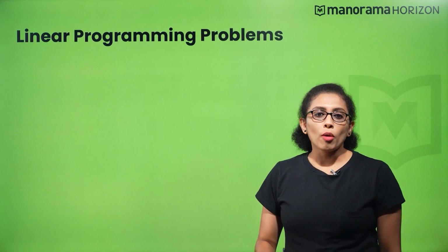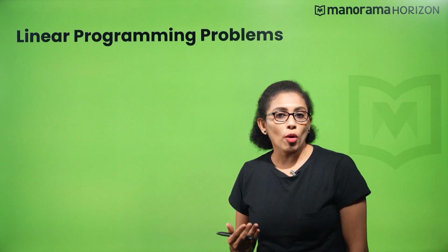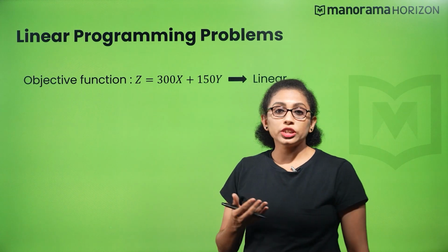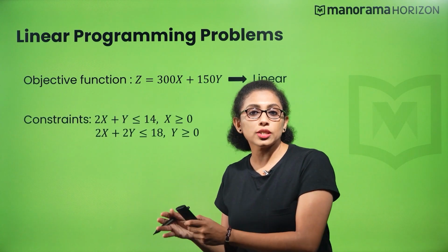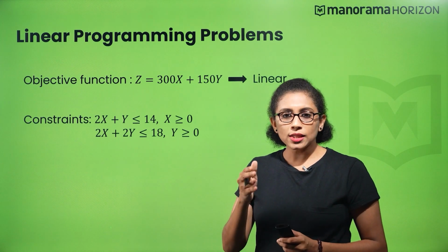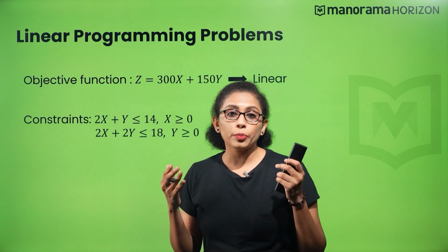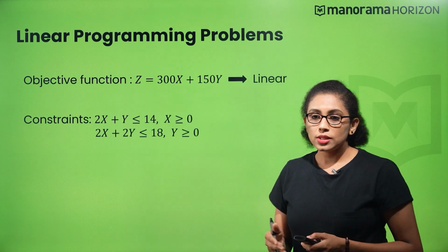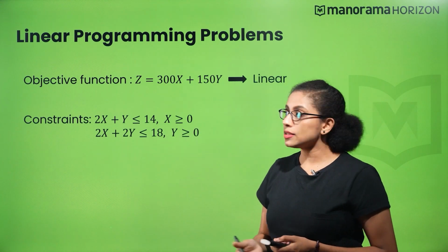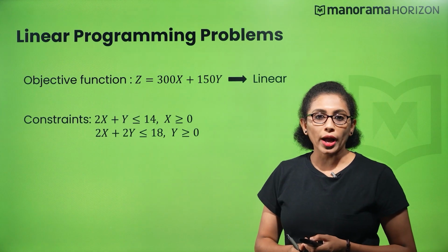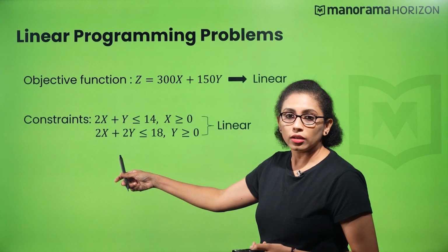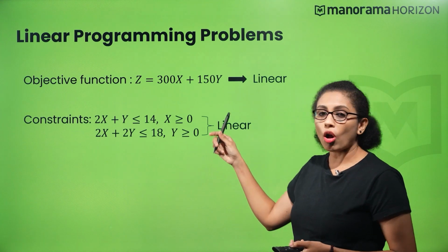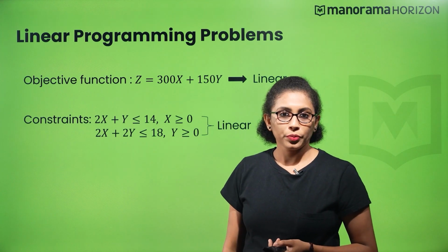Linear programming problems are optimization problems where the objective function and the constraints are linear functions of x and y. The example we were discussing is a linear programming example. See the objective function, that is 300x plus 150y, which is a linear function. And again the constraints are also linear functions of x and y.